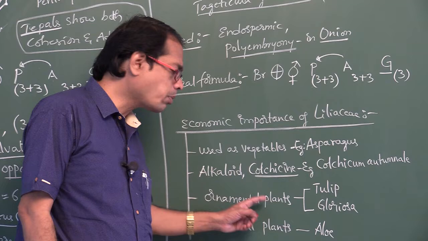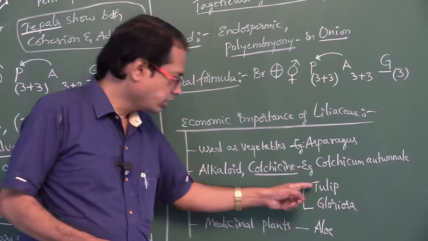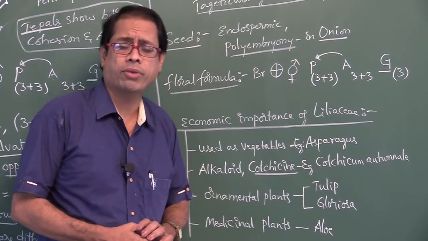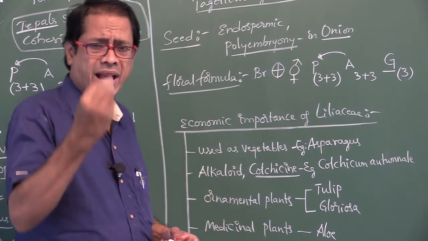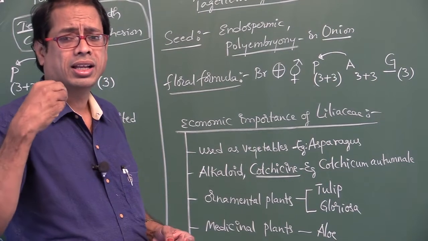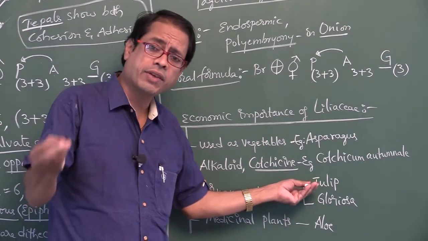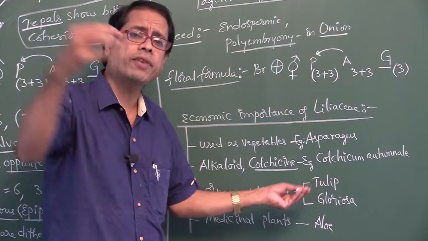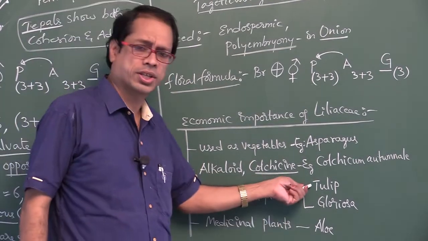Next, ornamental plants in Liliaceae: tulip, gloriosa. This is a very important flower, the tulip. Generally, if flowers are infected with bacteria or virus, they do not have economic value. But tulip flowers, if they are infected with virus, the more the infection, the more the economic value.